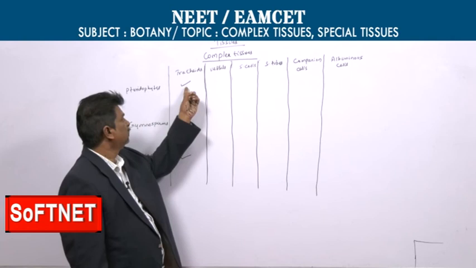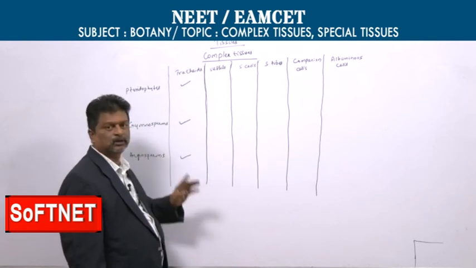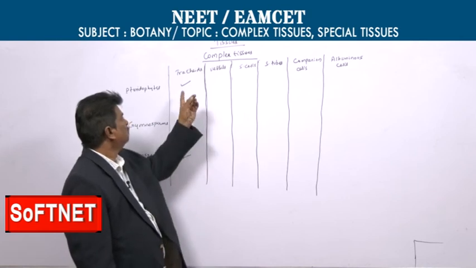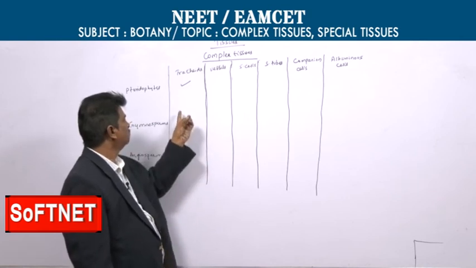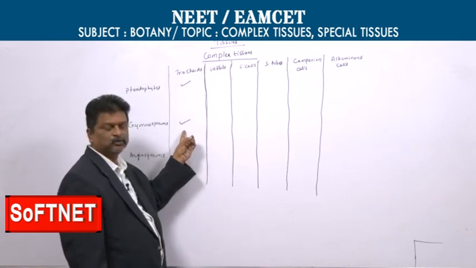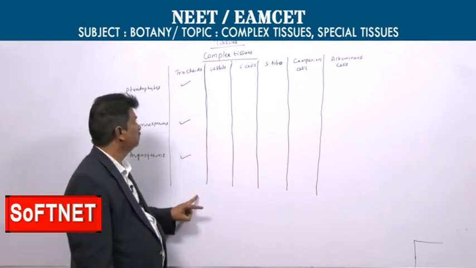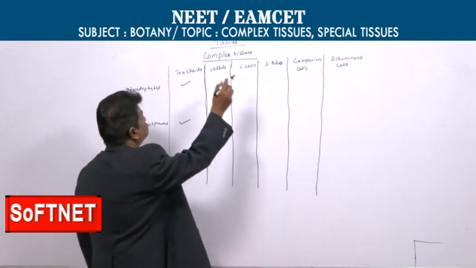Primitive conducting cells are tracheids. Lone tracheids are present in pteridophytes and gymnosperms. Vessels and tracheids are present in angiosperms.